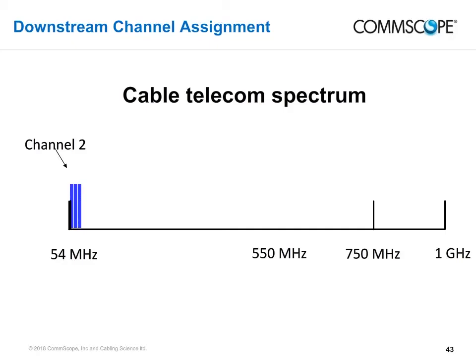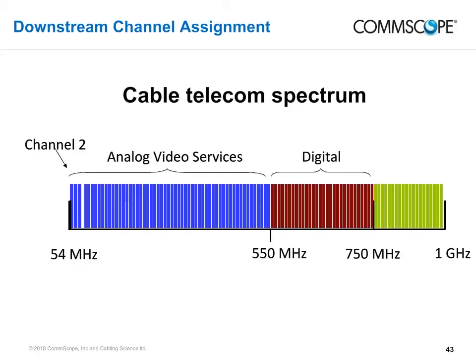Efficient use of cable spectrum depends upon a well-defined system for channel allocation. As we pointed out earlier, cable's downstream spectrum ranges from 54 MHz to 1 GHz. Channel 2 is 54 to 60 MHz. Channel 3 is 60 to 66 MHz. And Channel 4 is 66 to 72 MHz.